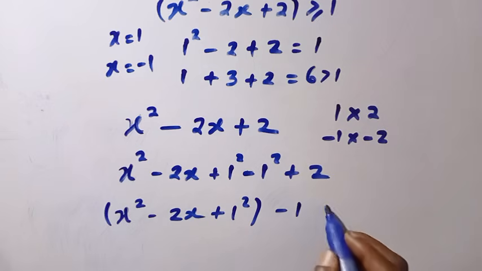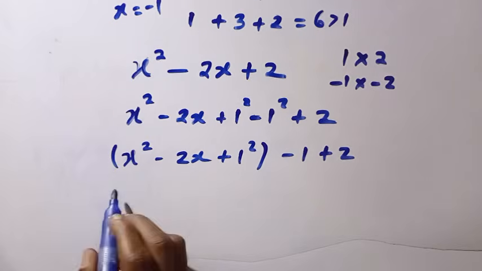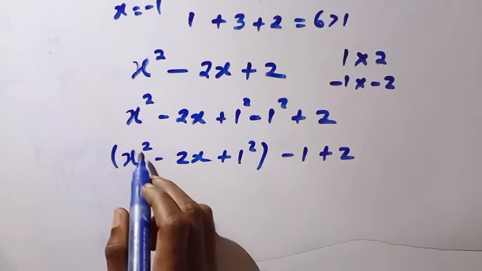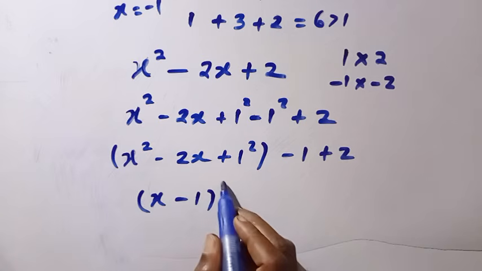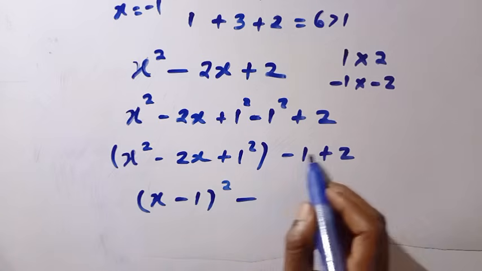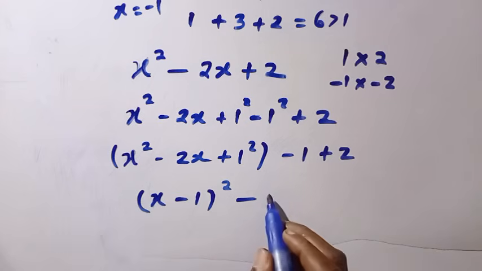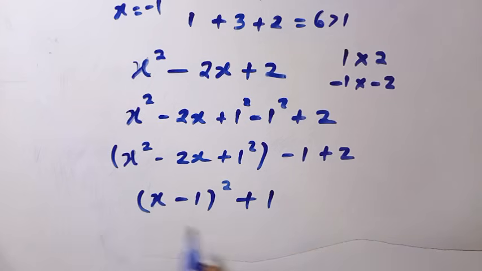Then minus 1 squared, that is 1, plus 2. So from here, x squared minus 2x plus 1 squared is the same thing as x minus 1 all raised to power 2. Then minus 1 plus 2 gives us plus 1. So x squared minus 2x plus 2 is given as x minus 1 squared plus 1. This is a step-by-step explanation of how we rewrite this using the completing the square method.